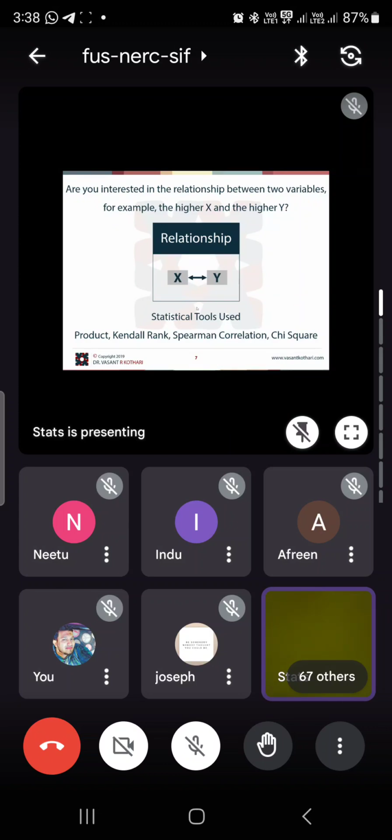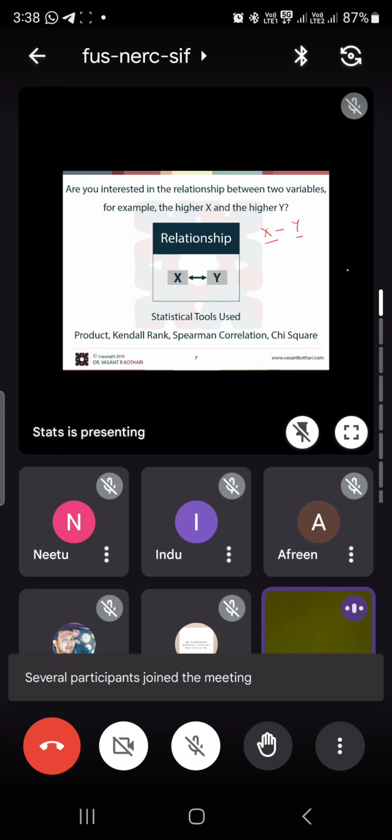Now, see, number one is relationship. In statistics, we need to find out the relationship. Say, for example, two variables are given to you, X and Y, and you need to find out whether these variables are related or not related. This is what relationship is.